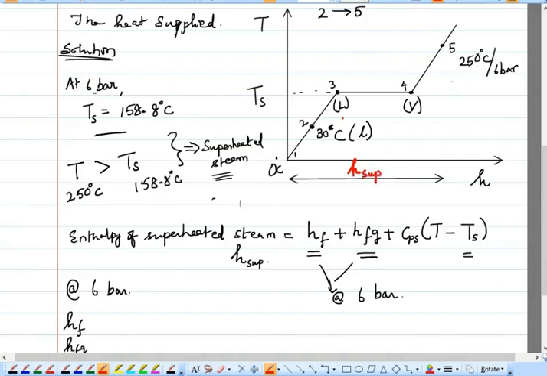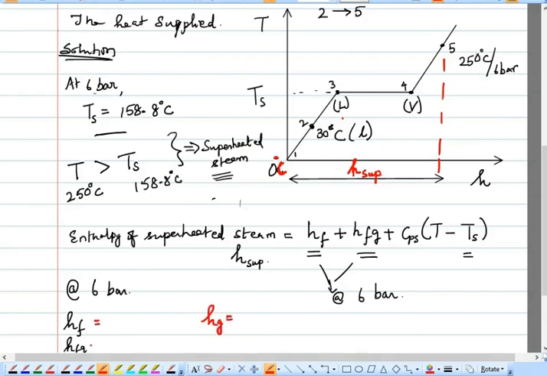Enthalpy of superheated steam is given by this formula, and this is the diagram. From 0 degrees Celsius to this temperature, what is the amount of heat added? You can find it like this: HF plus HFG plus CPS times (T minus TS). Instead of HF plus HFG, I can directly take the Hg value also.